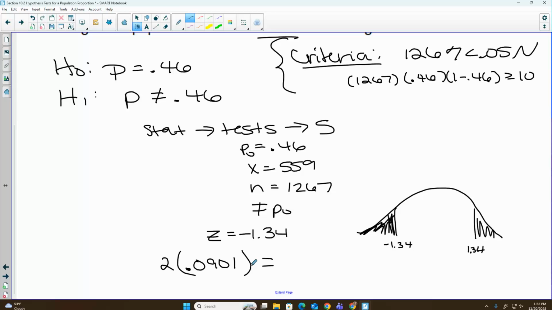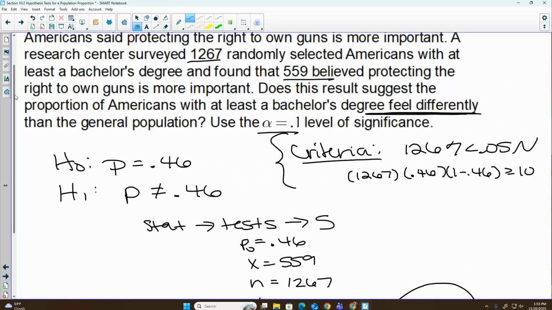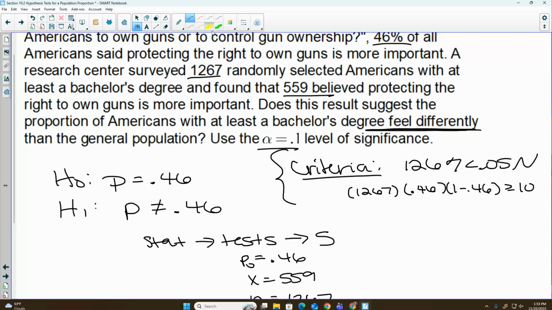Your calculator will always give you the negative z here. So if I multiply that, I get 0.1802. That's my probability. What was my alpha level? 0.1.